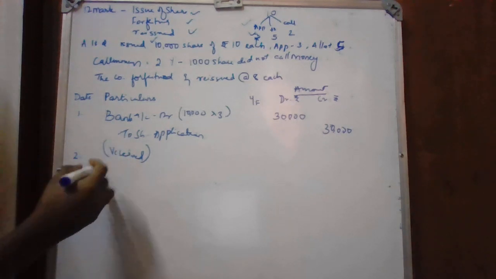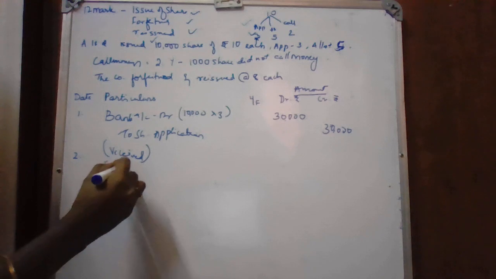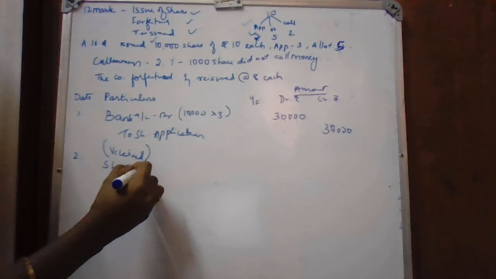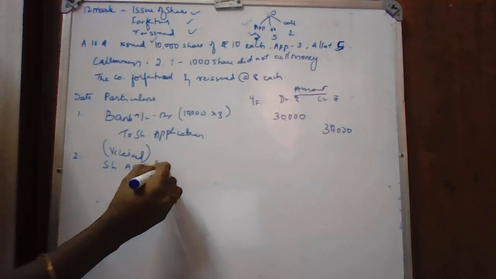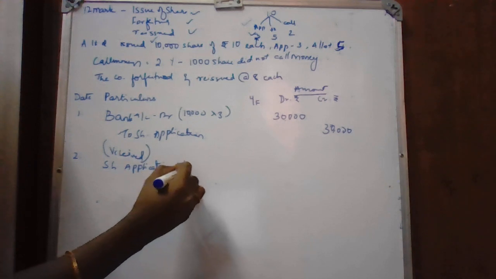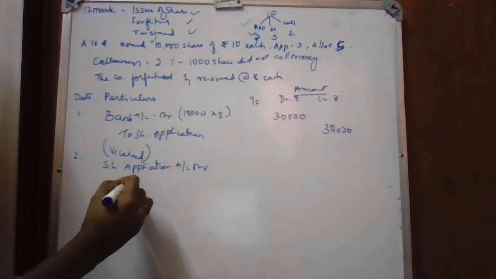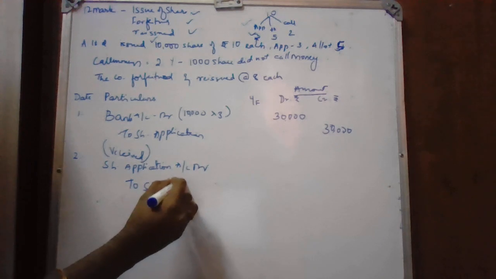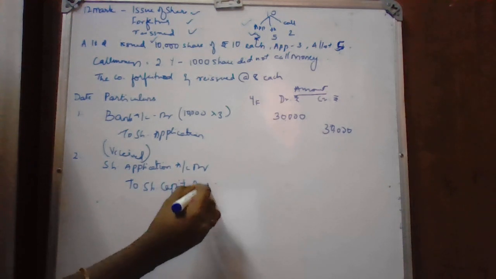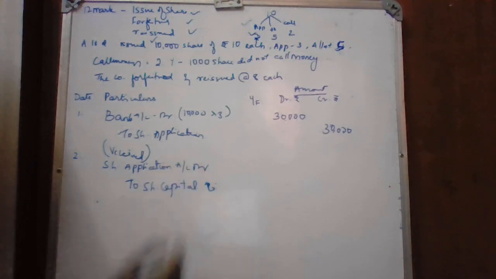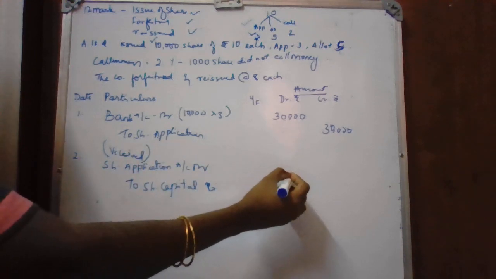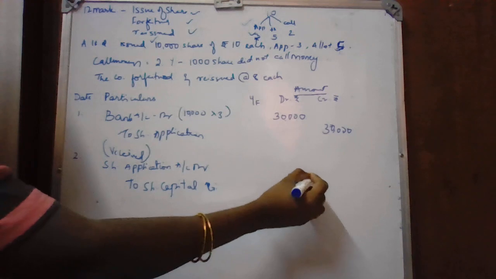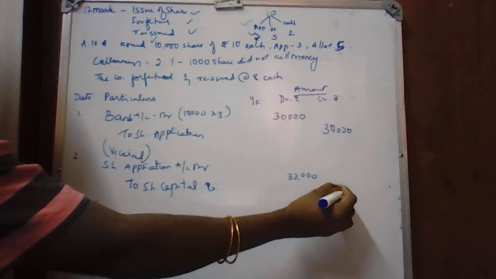Next, share application has to be transferred to share capital. So share application account debit to share capital. Share capital is a liability, credit, increase. So it has been credited. The same amount has been transferred, 30,000, 30,000.